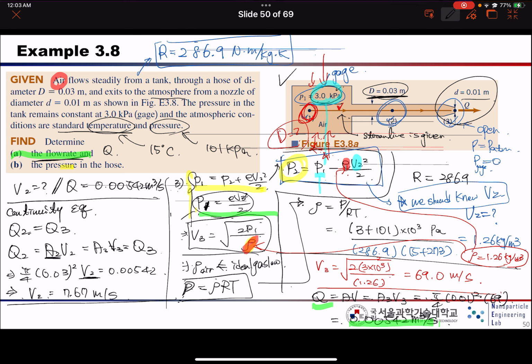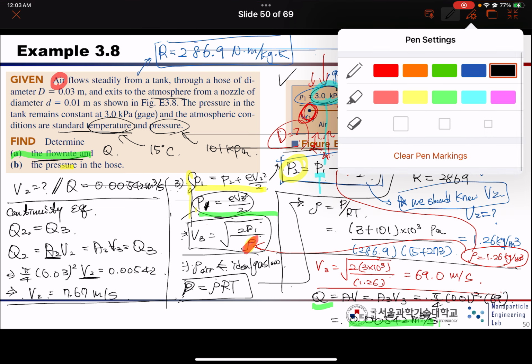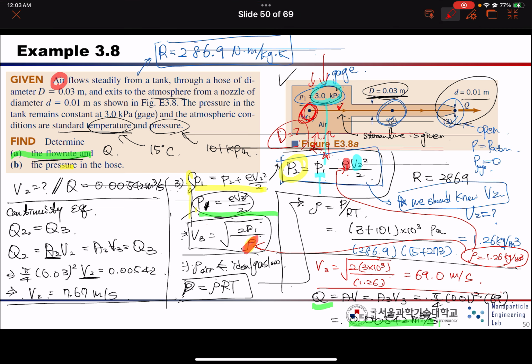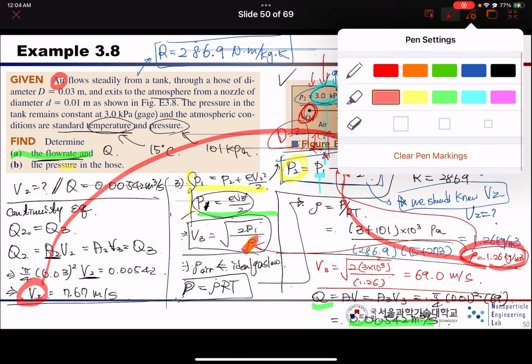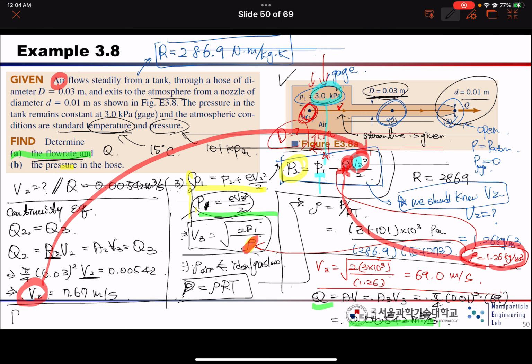And next step, since we know the V2 value, and the density we know from here, the only part left is to plug in. So P2 equals P1 minus rho V2 squared divided by 2.